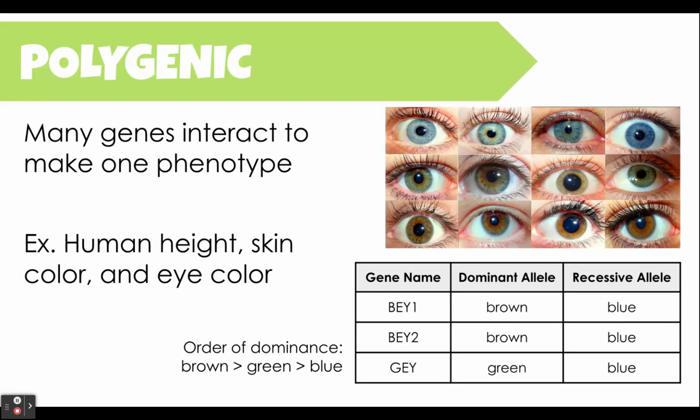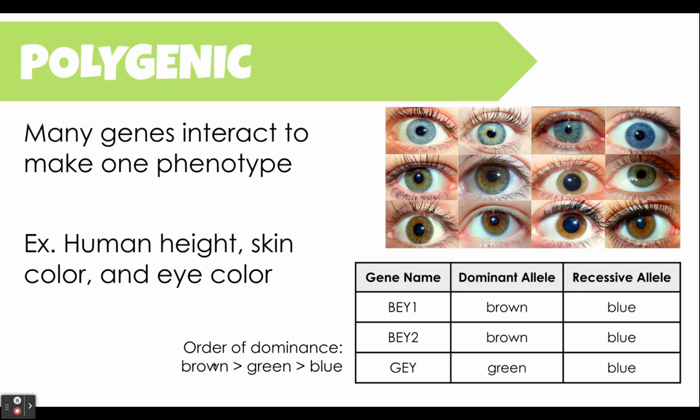So in eye color, for example, there's at least three genes, probably more that we know of, that relate to eye color. And this one in particular, the trait has two alleles, brown and blue. Brown's dominant over blue. The second gene, it's the same thing, brown and blue. The third gene, the two alleles are green and blue.